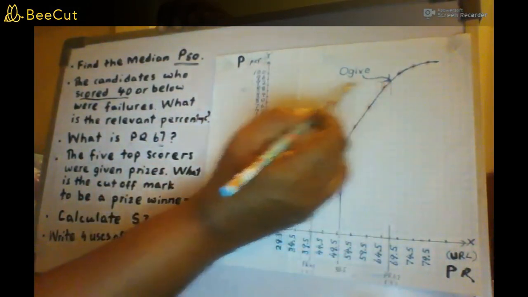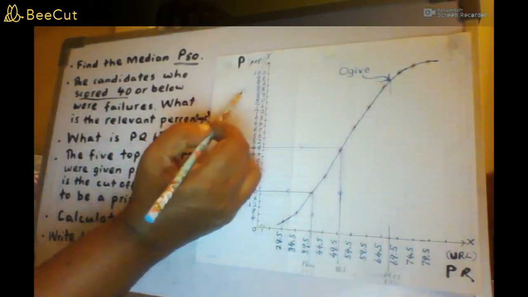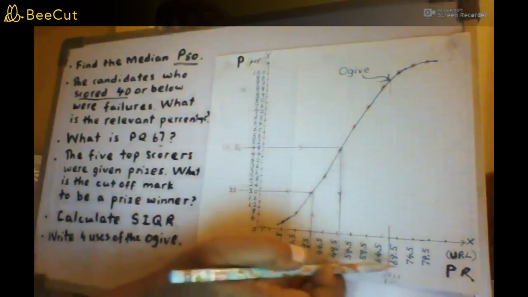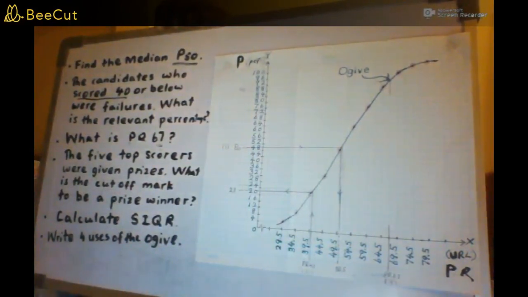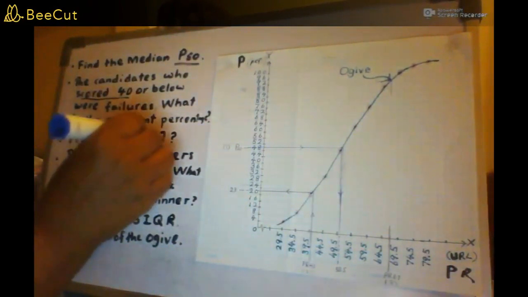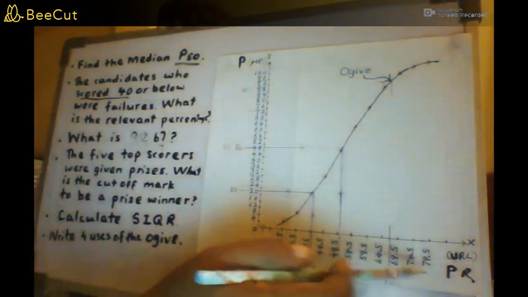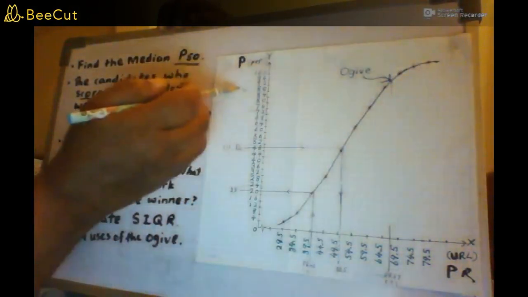Then from the ogive to this axis, and here you will get the answer as 90 or something. You read the question, identify what is given, go to that axis, and draw a straight line this side. This is the answer.